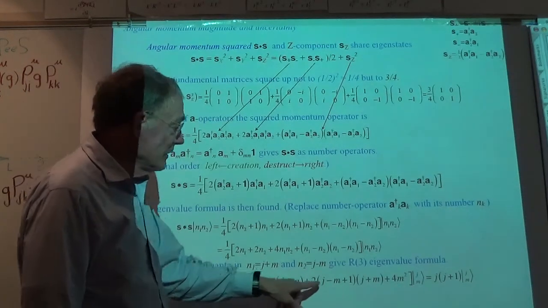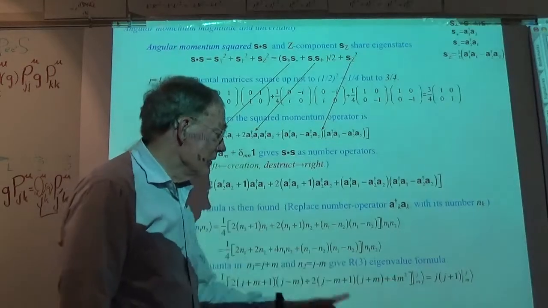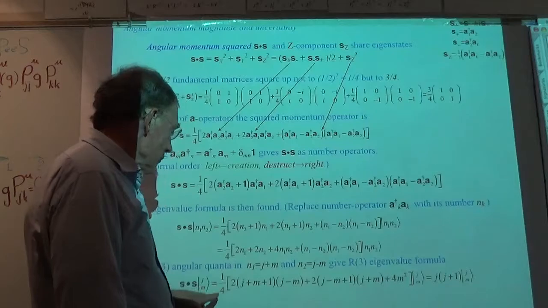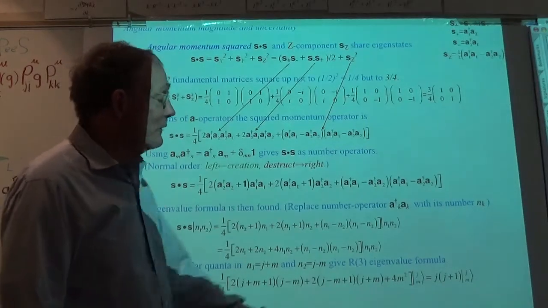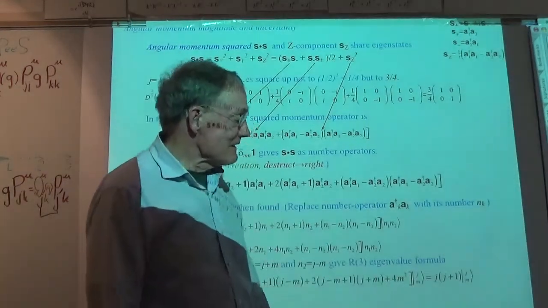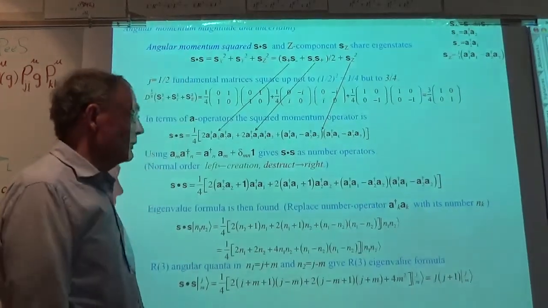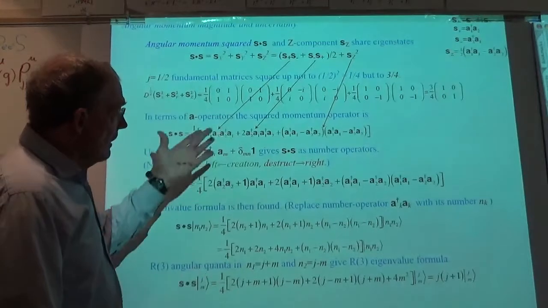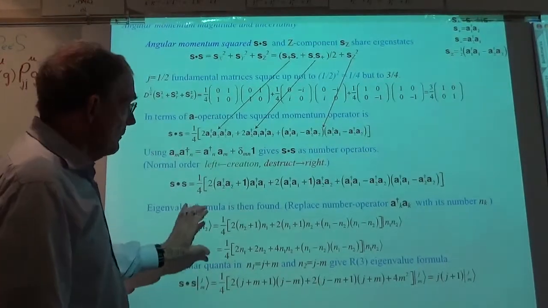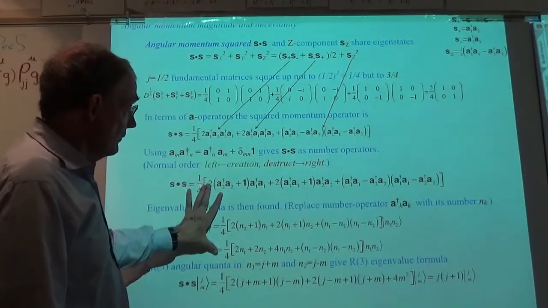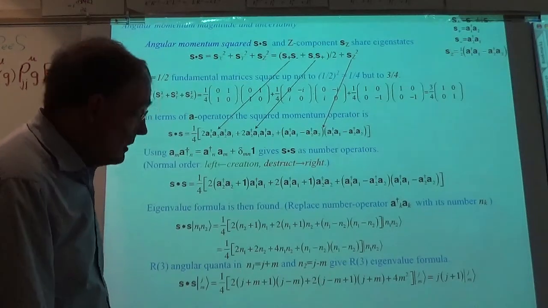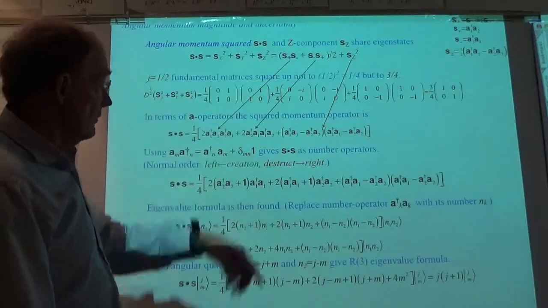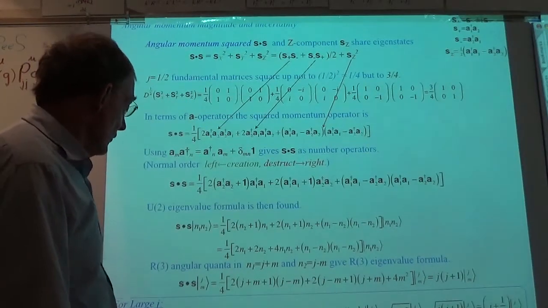Take this, and this, and this, and this. 4m squared, there's a thing that's going to be multiplied by 1/4, you get this: J times J plus 1. That's really cool. Once again, this step is really the main line. It's much more complicated to do this just using the S operators themselves and their commutation relation.